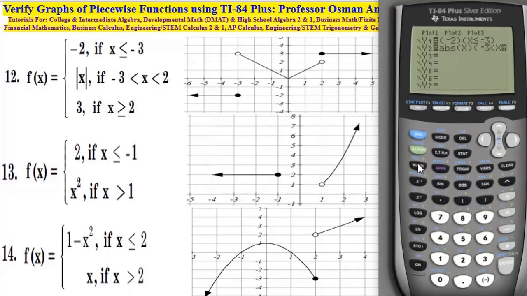Second math, logic, and go to and, x is less than 2.